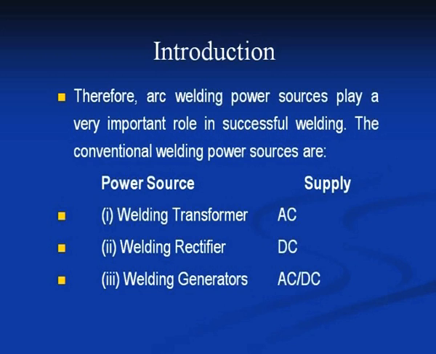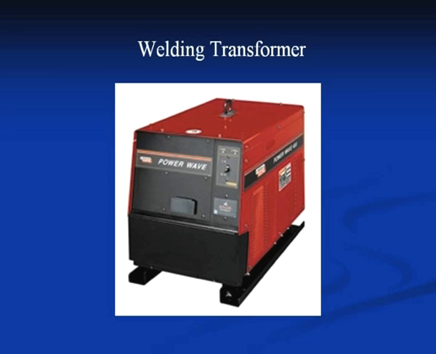The common arc welding power sources are welding transformers, which deliver alternating current, that is AC; welding rectifiers, which supply DC; and welding generators, which supply AC as well as DC.